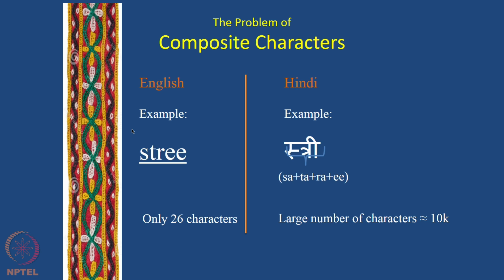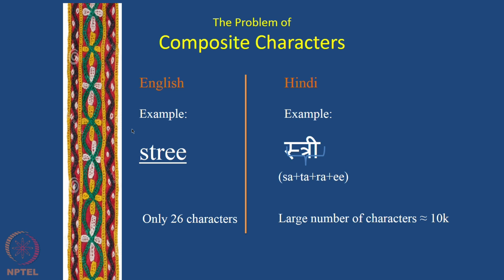Okay, so in addition to having a lot of scripts, our scripts are pretty complicated, pretty complex, and that's partly because of this interesting feature called composite characters. Just consider how you would write the Hindi word for three in English, right? It's three, the Hindi word can be written as STREE in English. Same thing if you write in Hindi script or Devanagari script, it looks something like what you see on the right side.